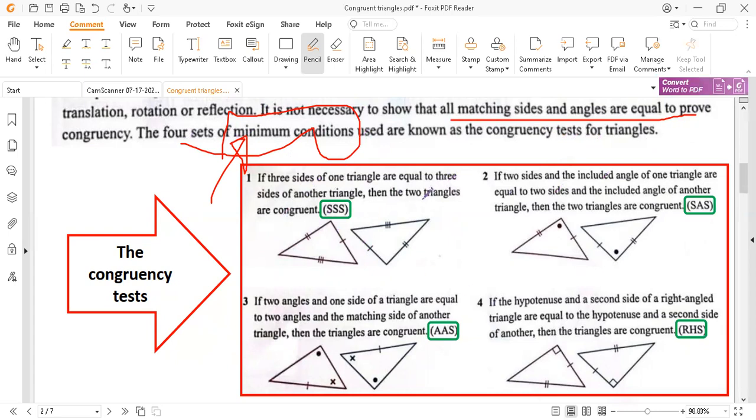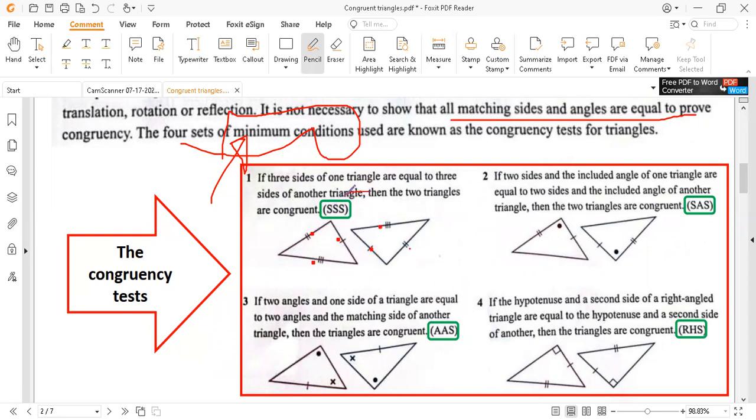First of all, if we can guarantee that all matching sides are equal in length, then the two triangles are congruent by SSS: side, side, and finally the third side.